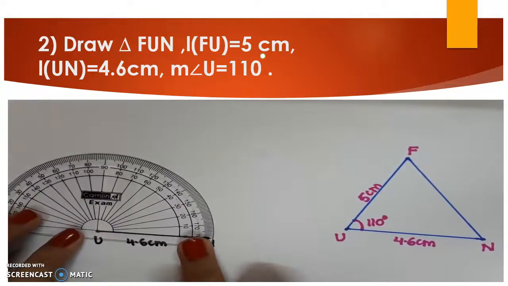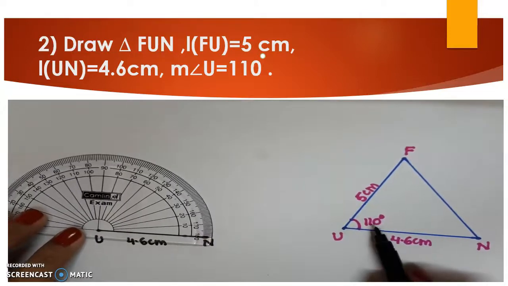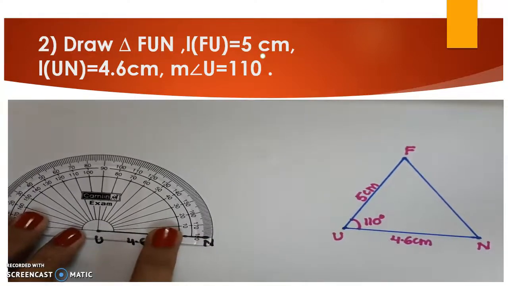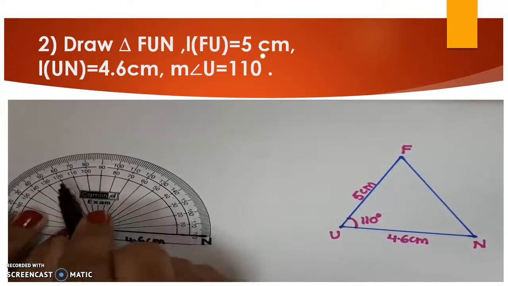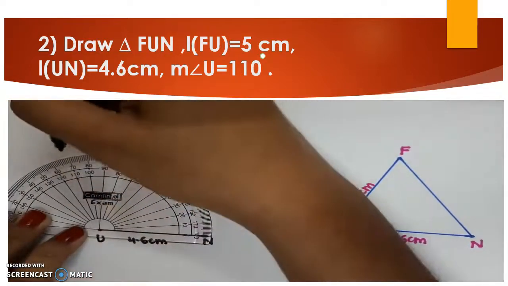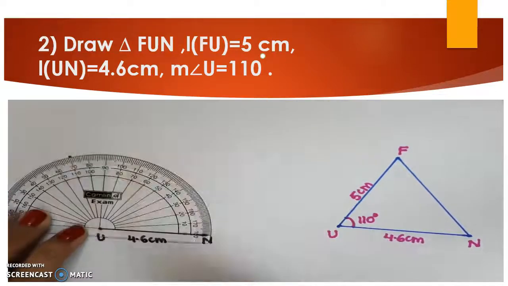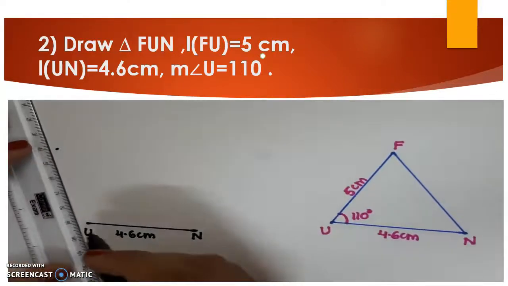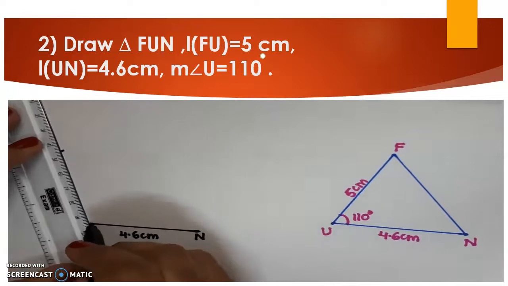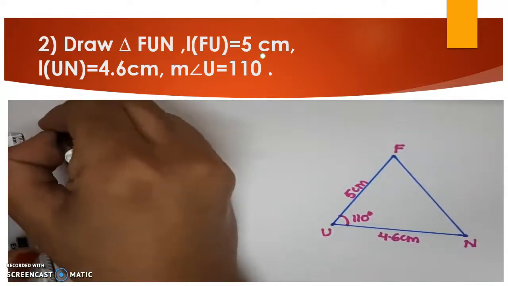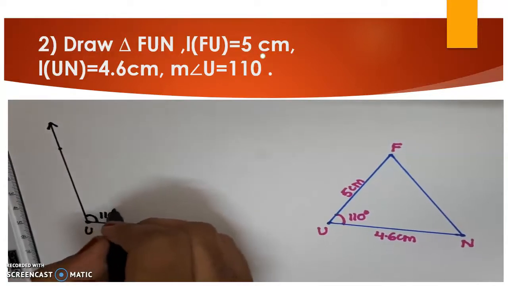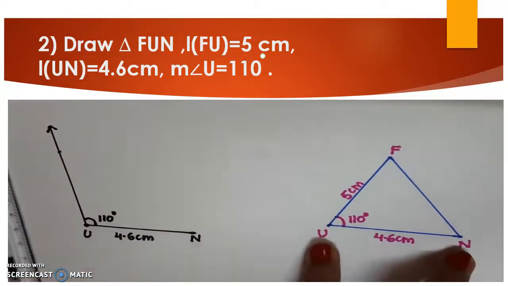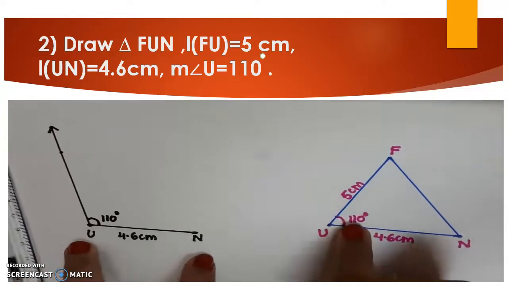As we have to draw angle 110, we will see down where I have 110. So here I have 110. Here I will plot one point. Then I will join this point with vertex U by using scale. We'll put an arrow and show that this angle is 110 degree. So UN we have drawn, angle U is done.